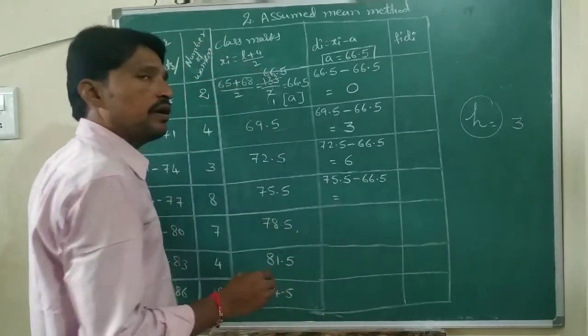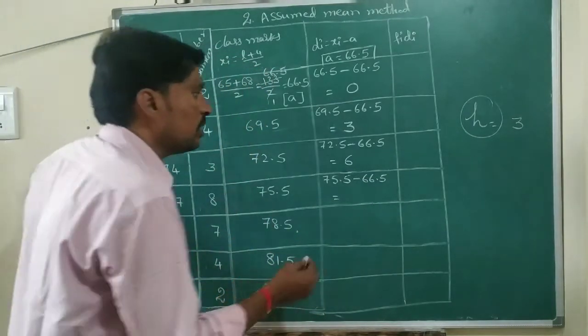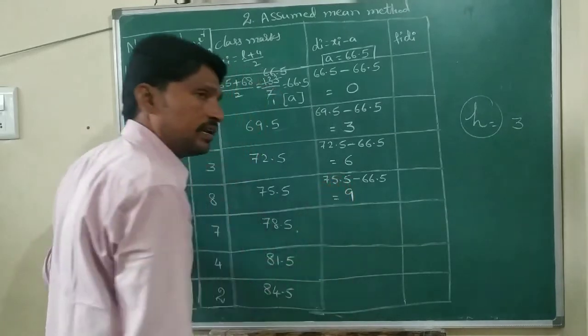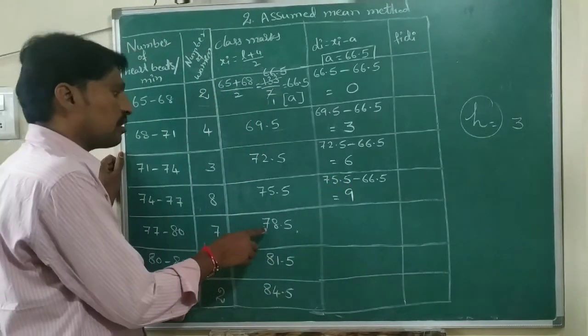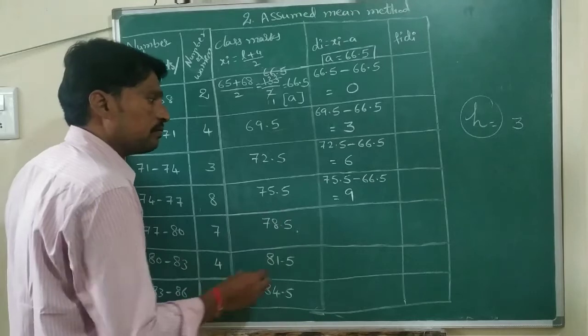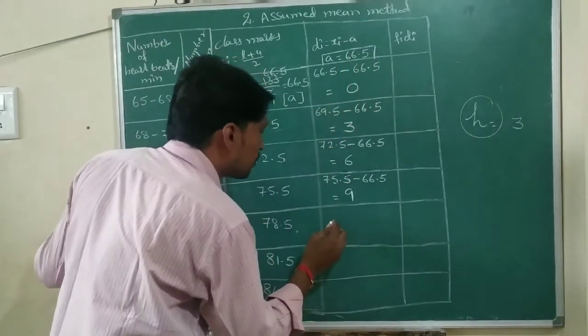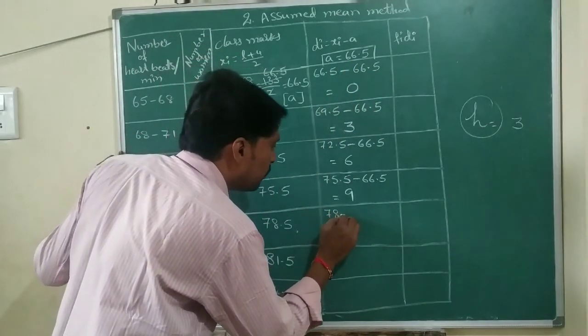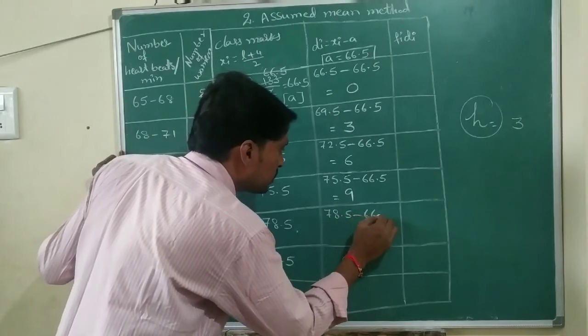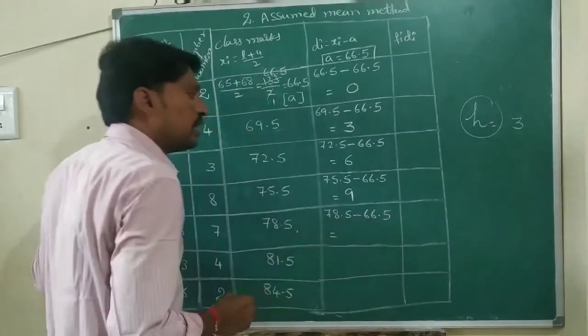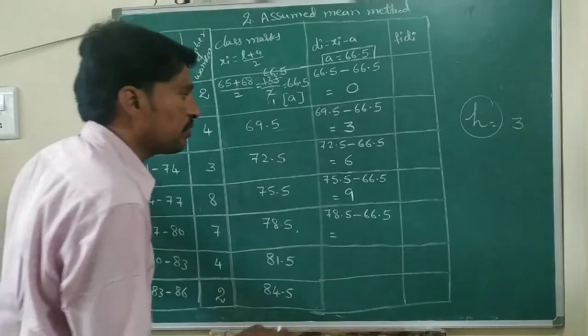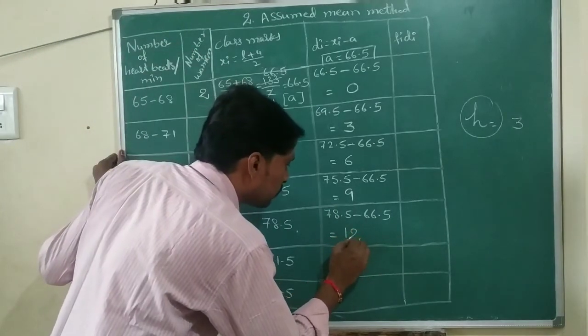So 75.5 minus 66.5 gives 9. Next class mark is 78.5, a is 66.5. So 78.5 minus 66.5 is 12.